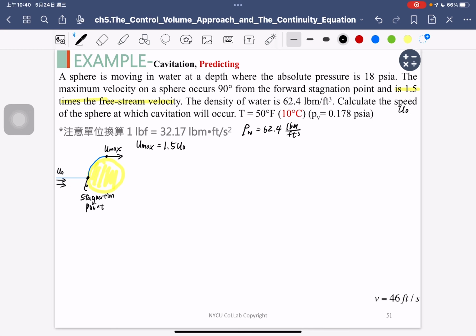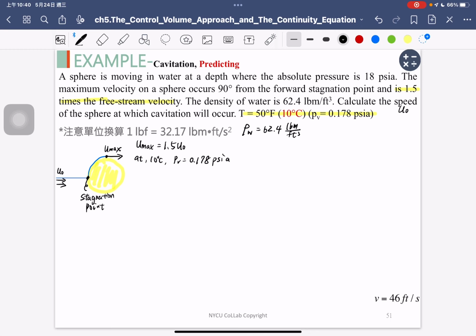The question tells us the conditions: the temperature right now is 10 degrees, and we know the vapor pressure. At 10 degrees, the vapor pressure is 0.178 psi absolute.